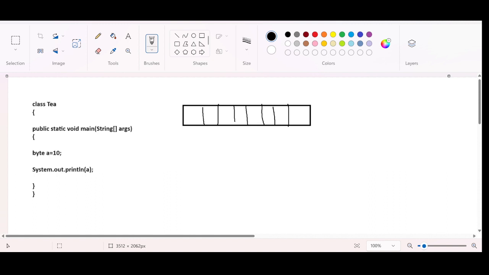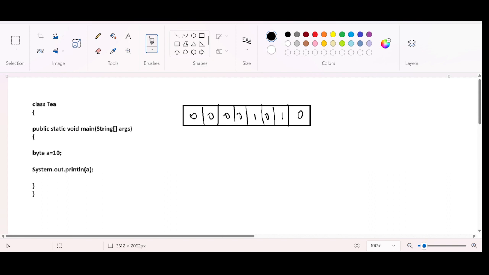If 10 is converted to binary, 10 can be represented like this.